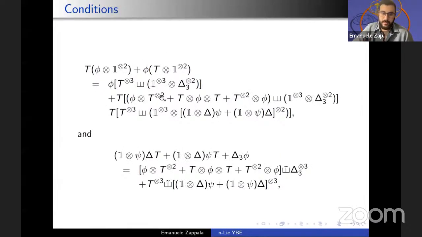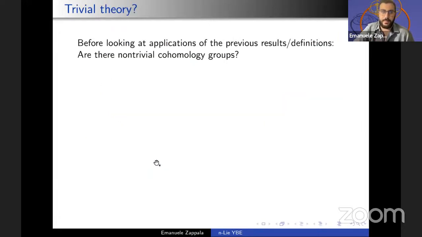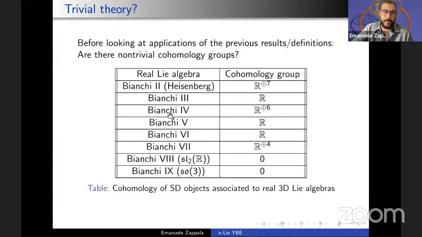Equations here, they take this weird form in operatorial form. Phi is, I think, the two-cocycle, and psi is the deformation of the co-multiplication delta. The most important thing is that you get a cohomology theory in this case as well, so it's not really an issue.